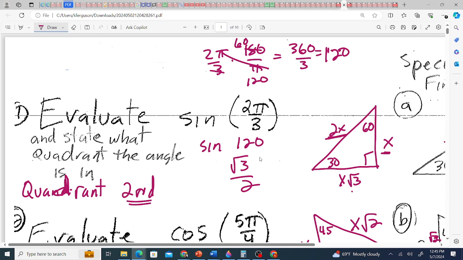I'm trying to make sure you understand how to read this. Square root of 3 over 2. It's cosine different.